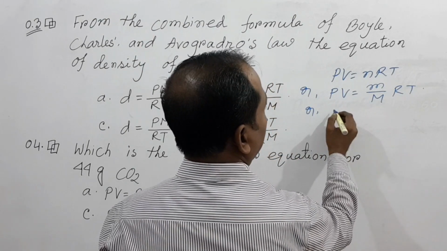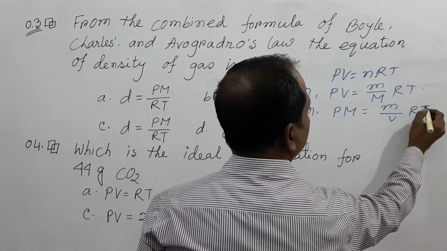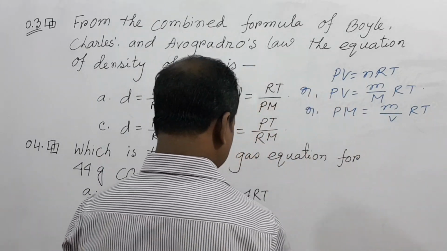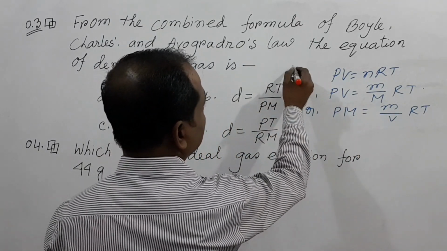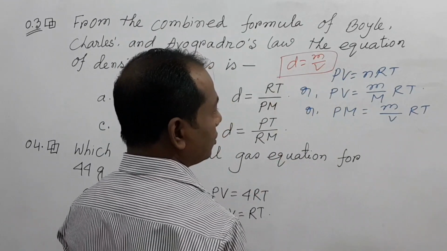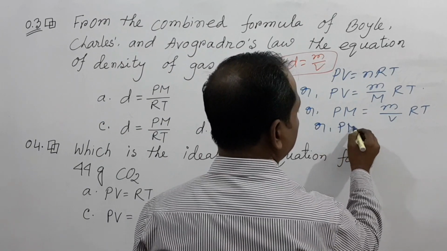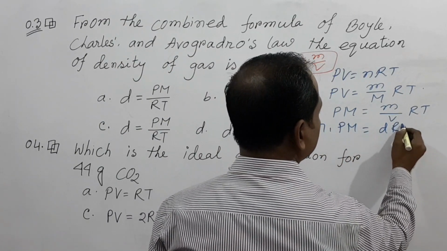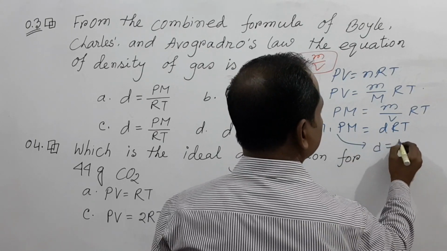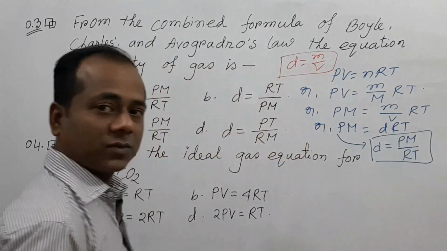So, PM equals m by V RT, and we know that density D equals m by V. So, we can write here PM equals dRT. So, D equals PM by RT. This is the correct answer.